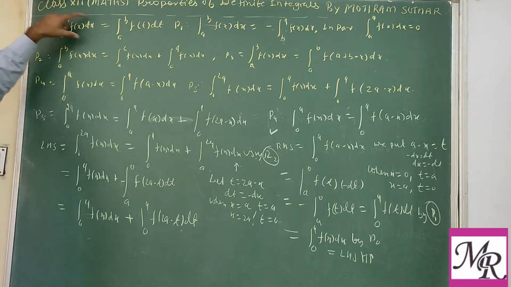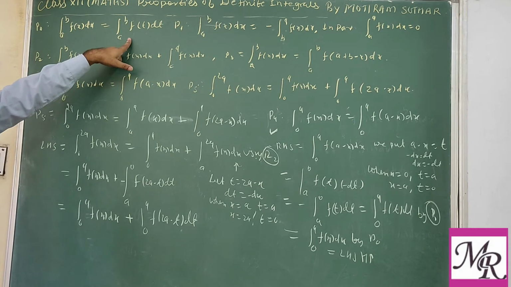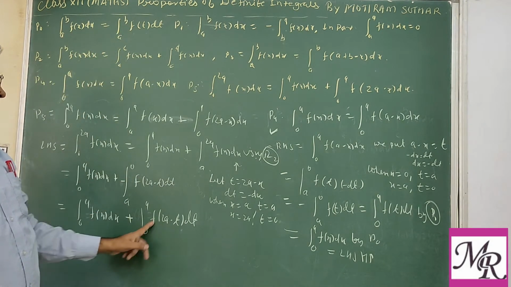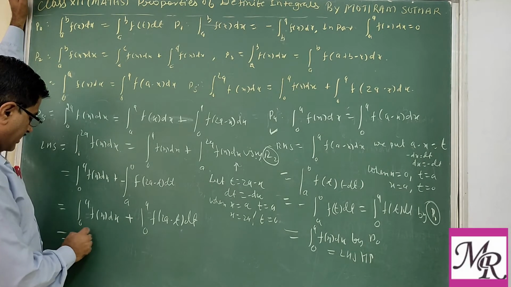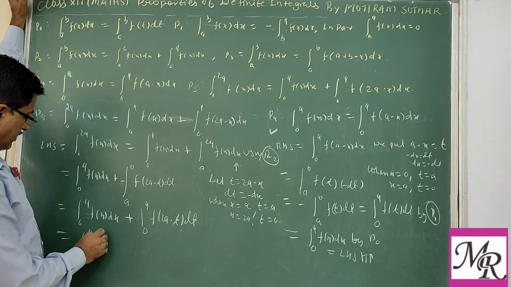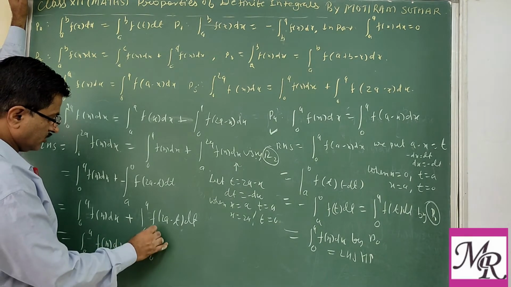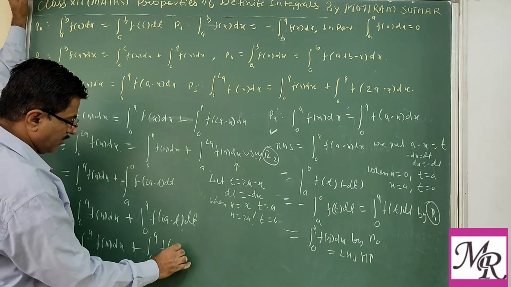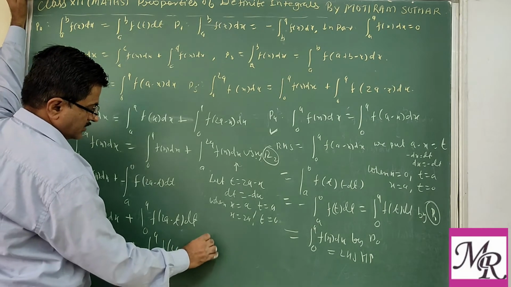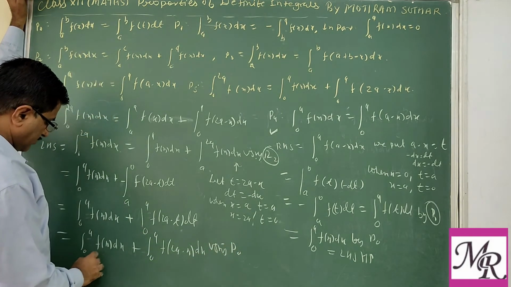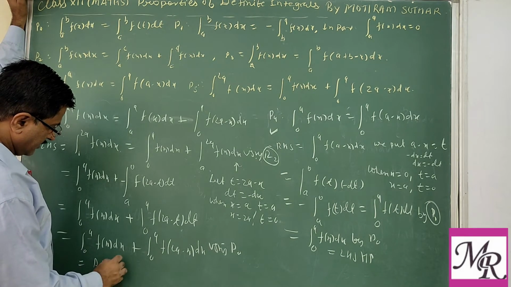Now using P0, the variable is a dummy, that's why t can be replaced by x without affecting the limits. So one may write the integral from 0 to a of f(x) dx plus the integral from 0 to a of f(2a minus x) dx. So using P0, this is equal to the right hand side.